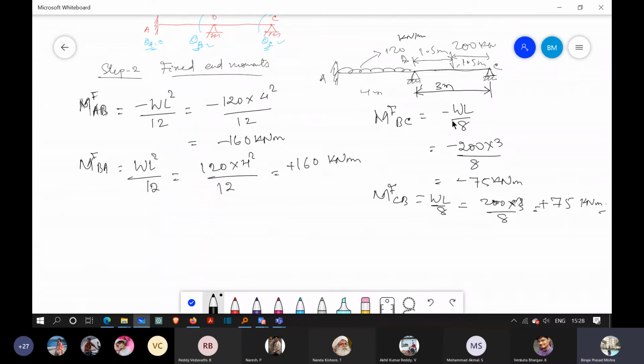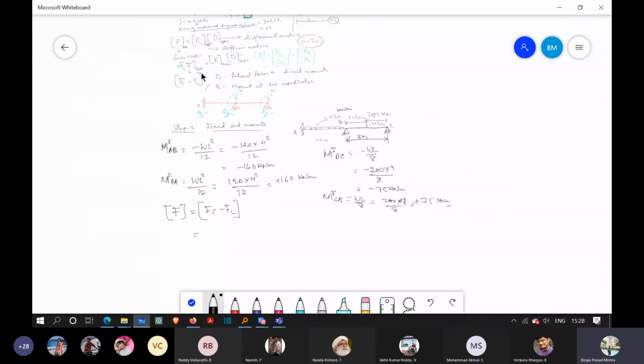Now we know that the force matrix F equals Fi minus FL. What is the size of FL? As I told, F should be 2 cross 1.